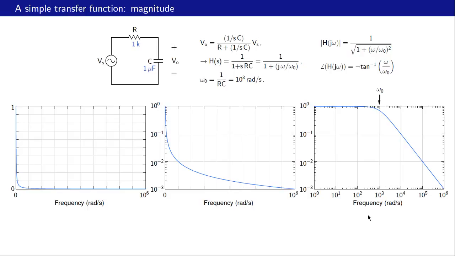So we have increased the frequency by a factor of 10 and mod of h has decreased by the same factor, 10 raised to minus 1 to 10 raised to minus 2. So therefore we can conclude that mod of h is varying as 1 over omega in this region here. So this log plot is very useful and is indeed very commonly used in practice.